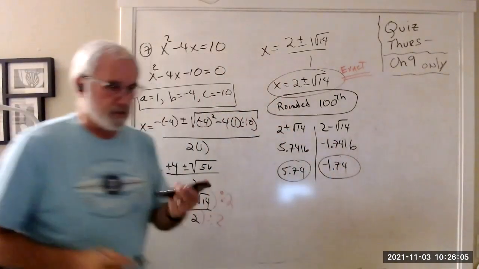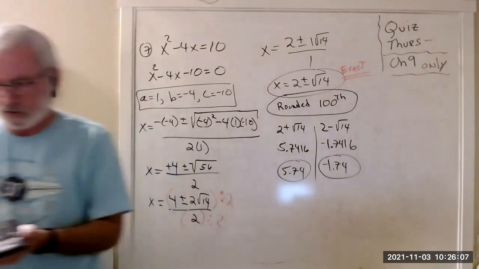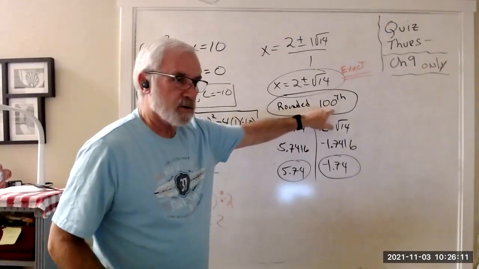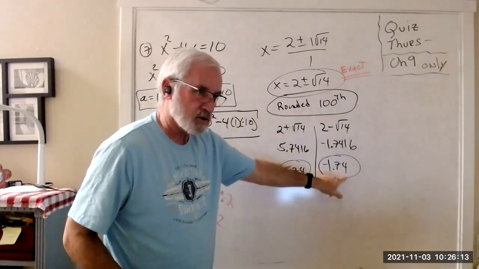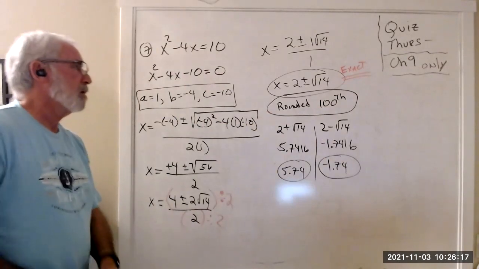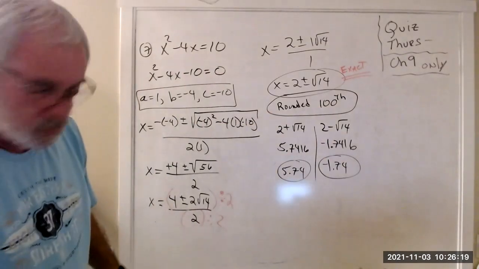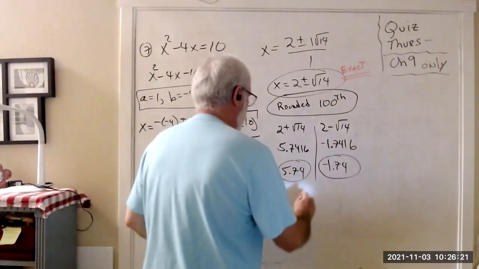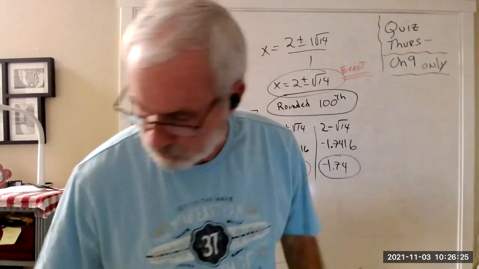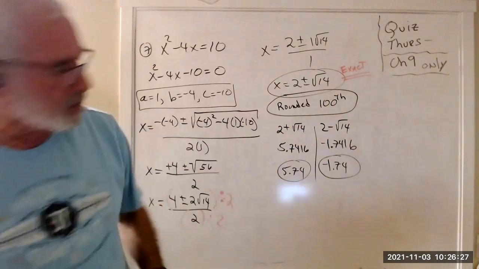Remember, hundredth means 2 decimal places. There's 2 zeros in hundredth, so there's 2 decimal places. That's the easy way to tell how to round. And these would be called your approximate answers. Come on, where's my pen?